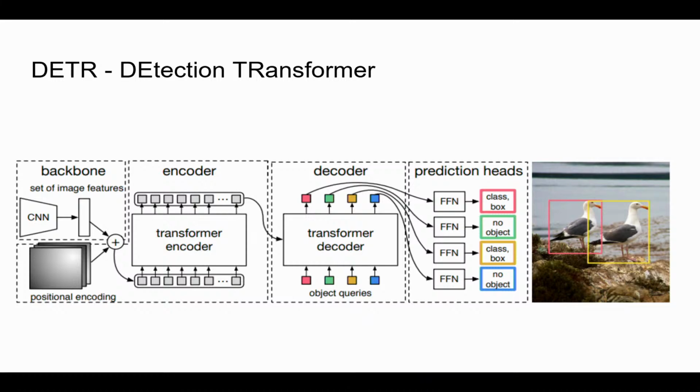I just wanted to show that you can do, for example, detection with transformers as well. One of the methods is DETR, the detection transformer, a very simple abbreviation. How it works: it takes an image and runs it through some backbone. Here it's a convolutional network, but it could be a transformer, it doesn't matter.